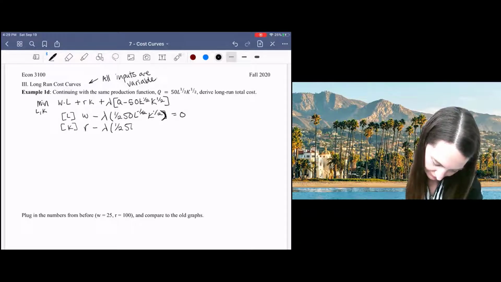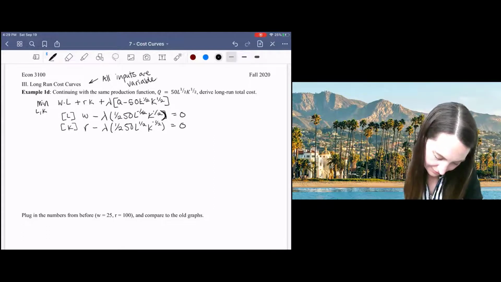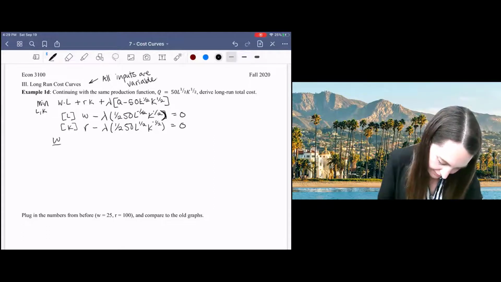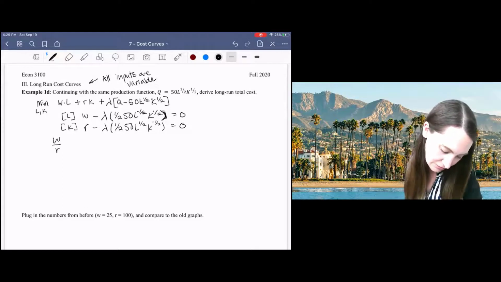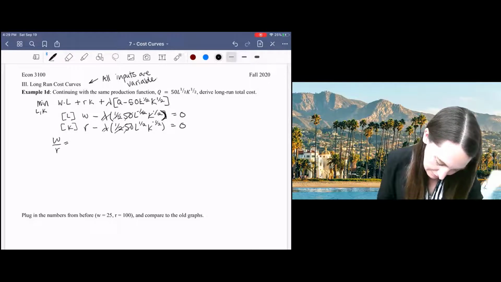Similar, 50L to the 1/2 K to the negative 1/2. Set that equal to 0. And then combine by dividing, we get wages over rents are equal to, a lot of this is canceling out, and we've got capital on the top and labor on the bottom.